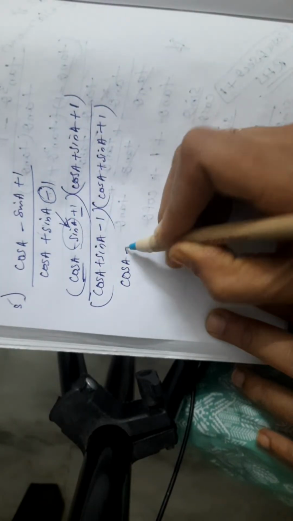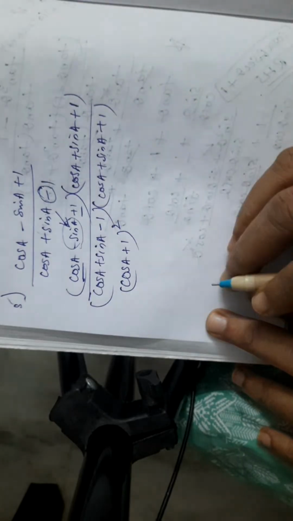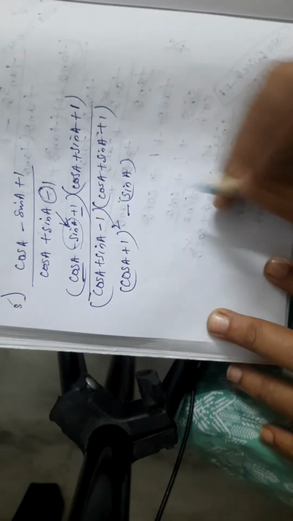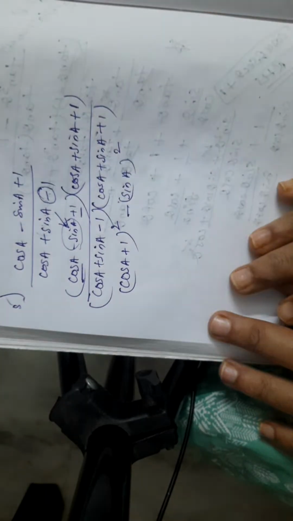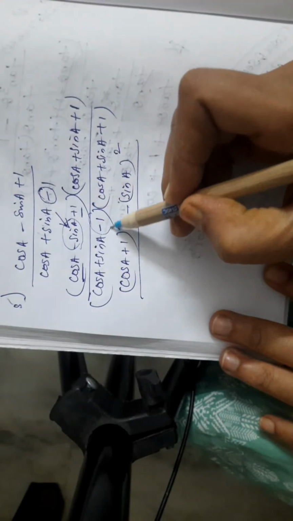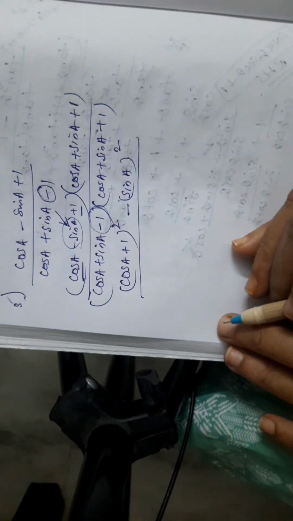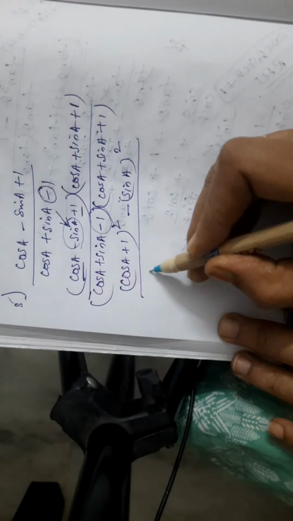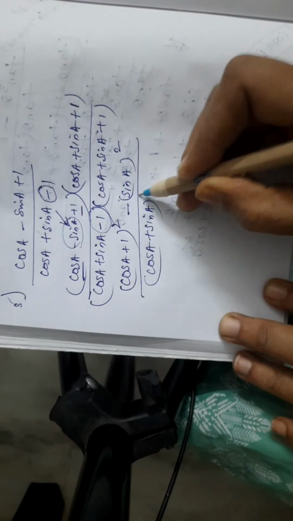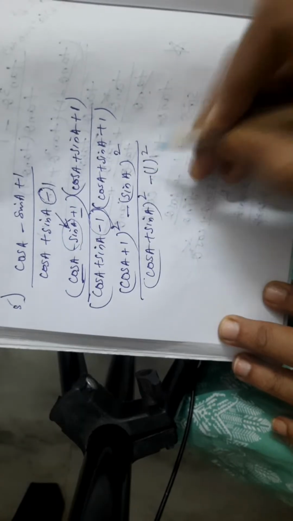Cos A plus 1 to be A, so it is A square, and the remaining sin A to be the B part, so it is B square. A square minus B square. And in the same way, the negative sign is in front of 1, so we'll consider that to be B. So again it is cos A plus sin A whole square minus 1 whole square.